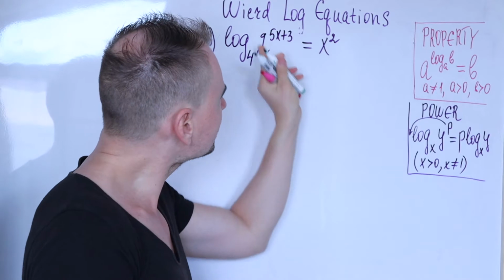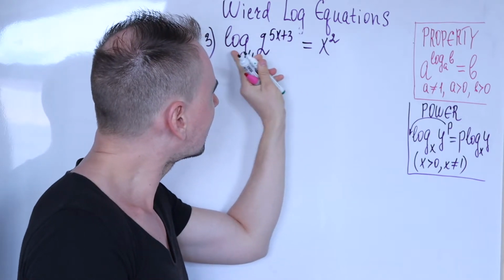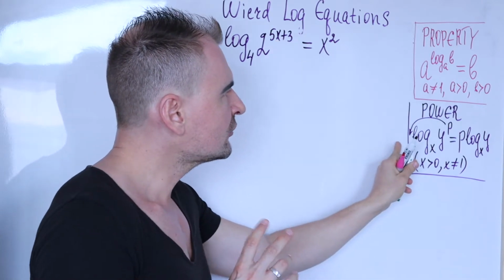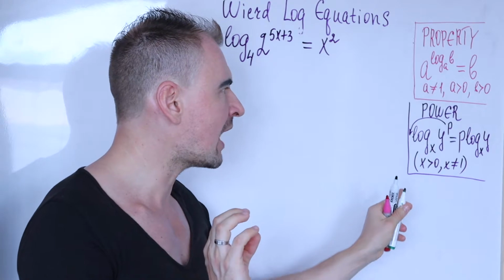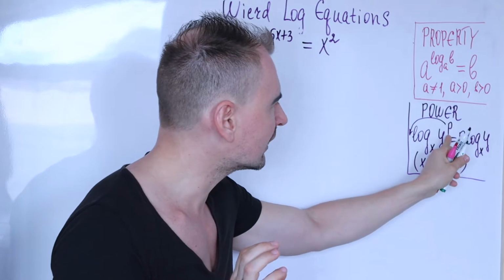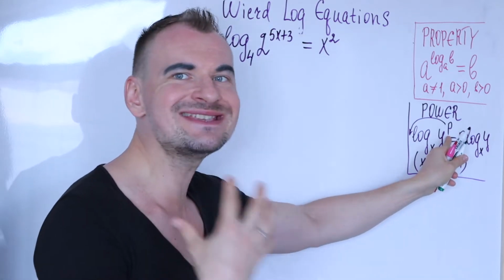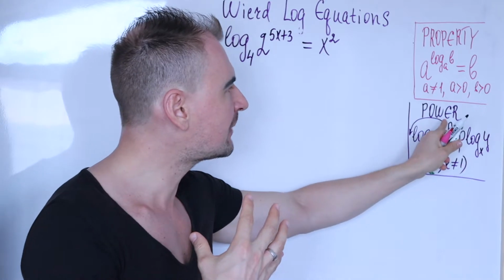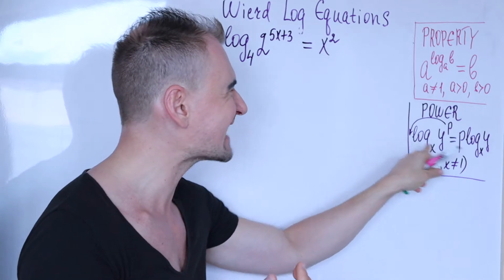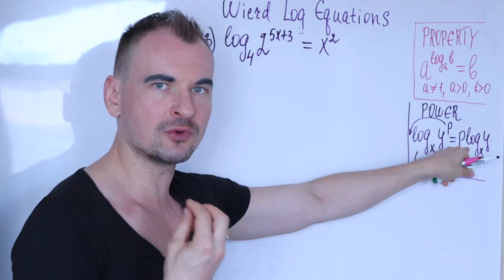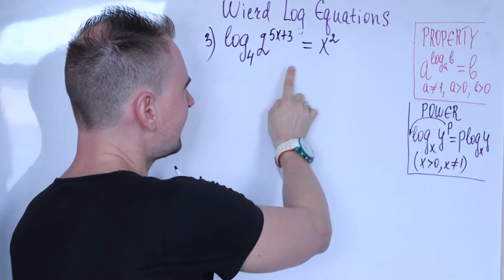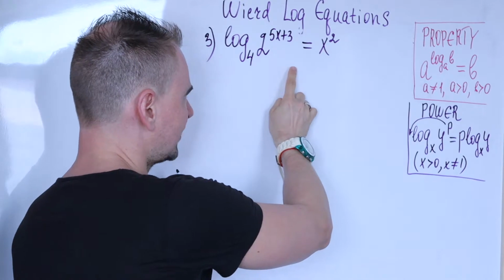Anyway, since you have a power over here, a power inside your log, you could simplify it by applying the power rule for logs. All it says is, if you have a power of your argument, a power inside of your log, that power you can bring down, pull it down as a coefficient in front of your log. We could apply this to the left side.